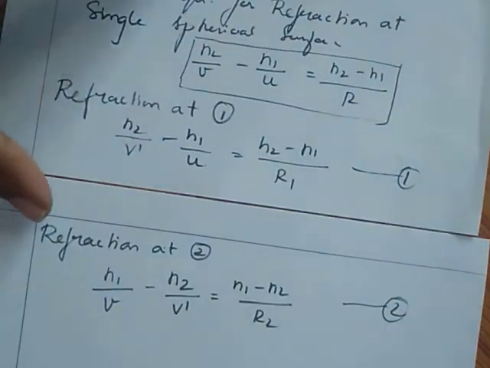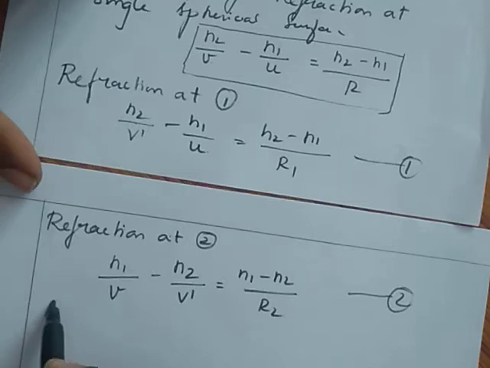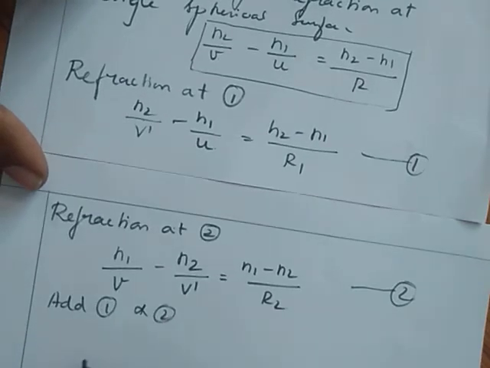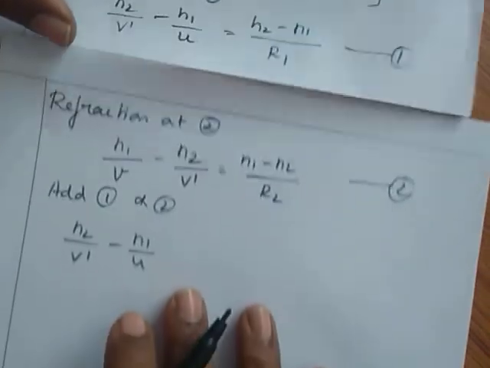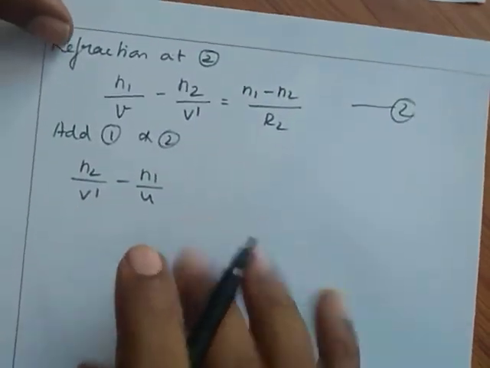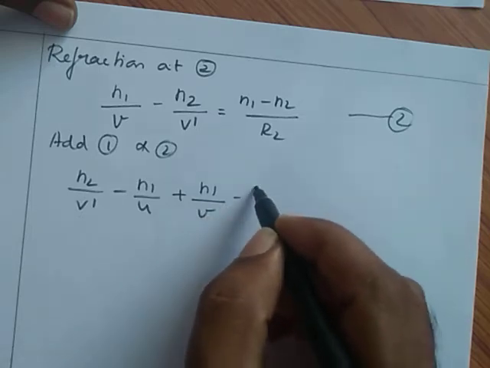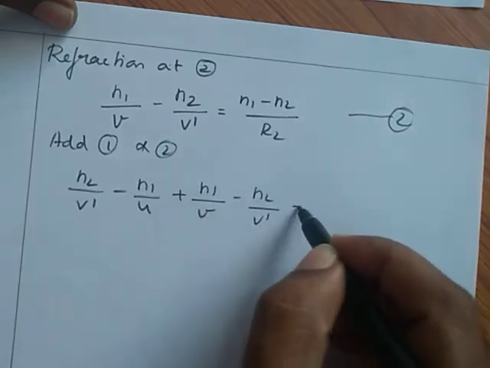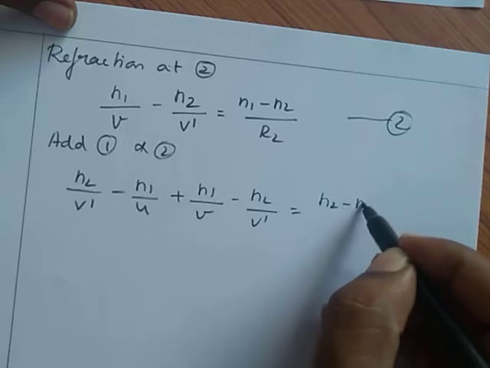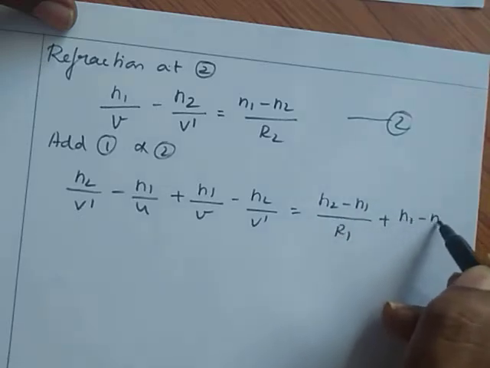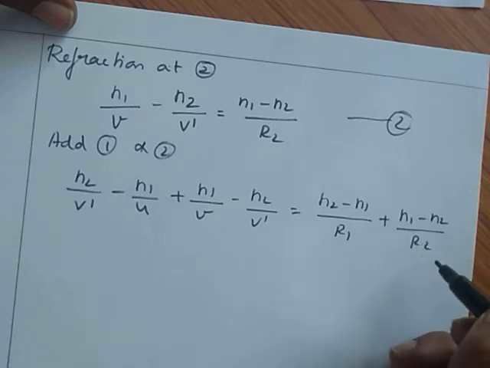Then adding these two equations, we get n1 by u plus n1 by v minus n2 by v dash, equal to (n2 minus n1) by r1 plus (n1 minus n2) by r2.